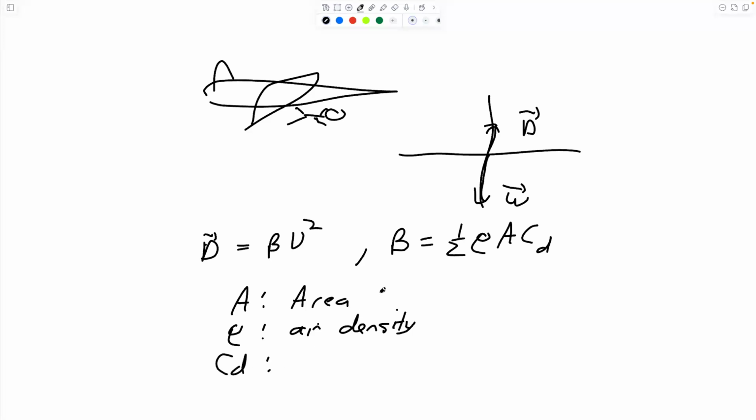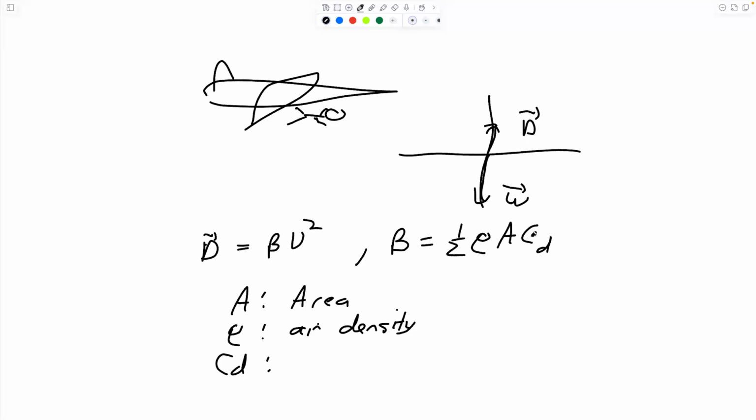Now you have to be careful. If you were to just Google drag coefficient, some sources will list this number here as the drag coefficient. Other sources will list this one that takes everything into account as the drag coefficient. So when I say drag coefficient, at this moment, I'm talking about this one right here.